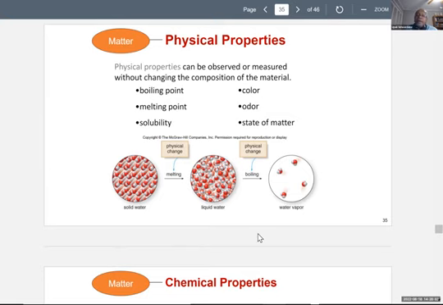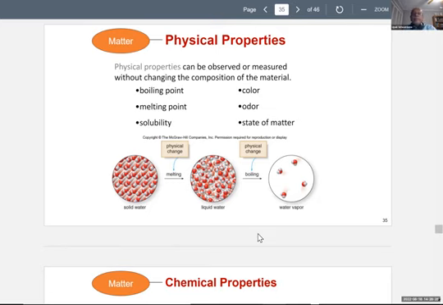There's a definite state of matter. Water is liquid. Melting point and boiling point values are dependent on physical state. Normally at room temperature, something is liquid, means they have a higher boiling point or lower freezing point, like that.